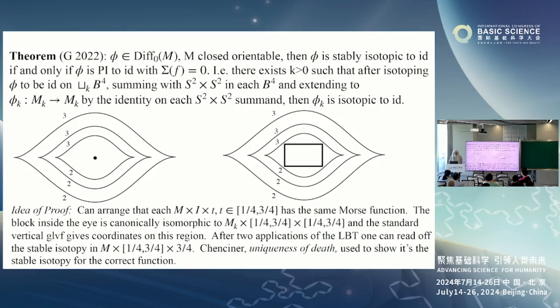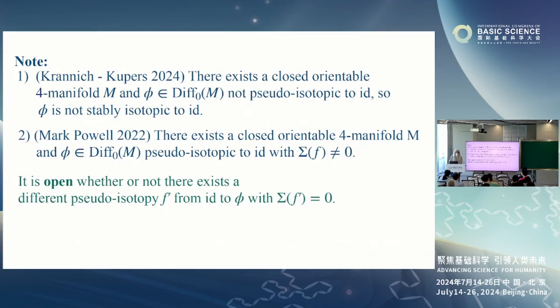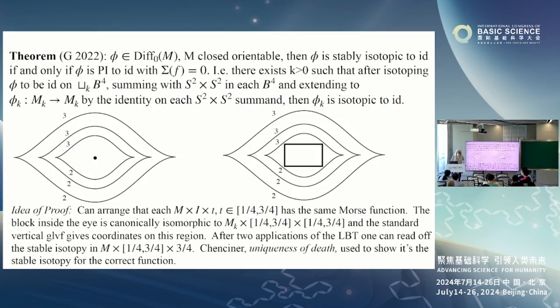Okay, so the next thing I should mention is: something that is pseudo-isotopic to identity with trivial Hatcher-Wagoner invariant, maybe it's always stably isotopic to identity. In the spirit of 4-manifolds, if you stabilize enough, it should be the standard thing.